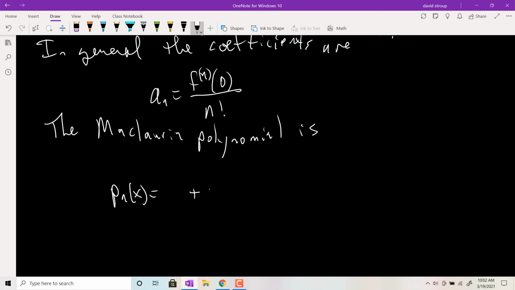The Maclaurin polynomial for f of x, and we'll need f of x to have the first n derivatives. It'll be f, and you have to be able to evaluate it at the center.